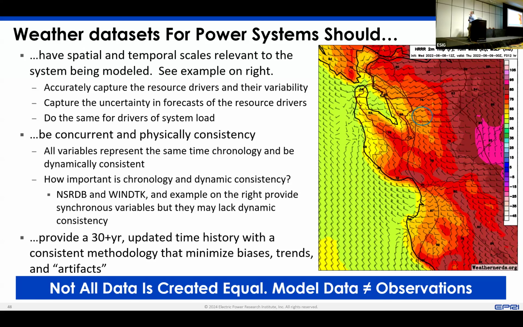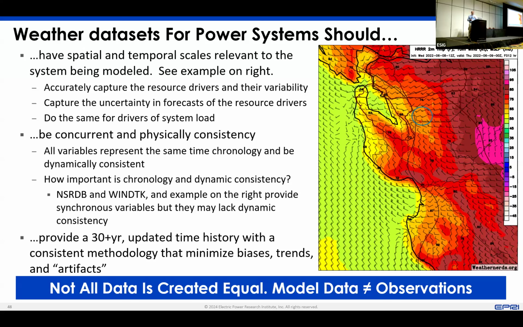You've got different amounts of solar irradiance, which is going to impact all your distributed solar and any commercial and utility scale solar in this region. Then you've got differences in how the wind field is being handled, which is going to impact your wind generation. And then you've got differences in your temperature, which is going to impact your load. So all of the environmental variables potentially are much different between these different model runs.